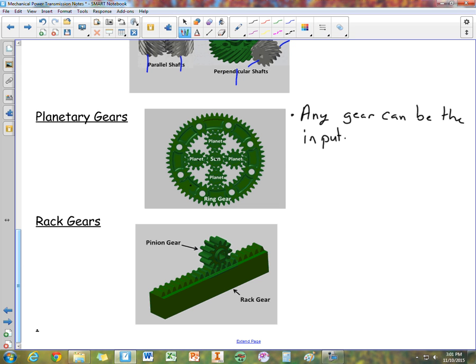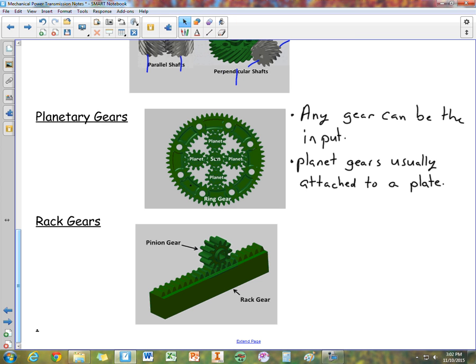You can put the motor on any one of those. A typical configuration will be to have a plate attached to the planetary gears. You see planetary gears a lot used in those differentials in cars.